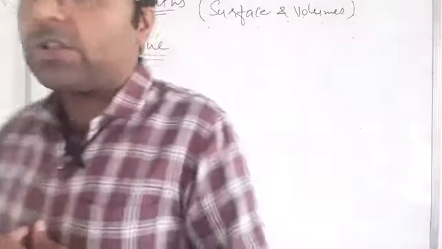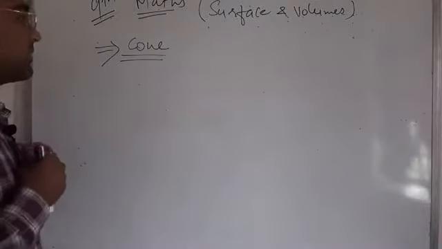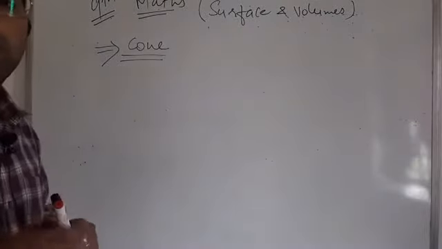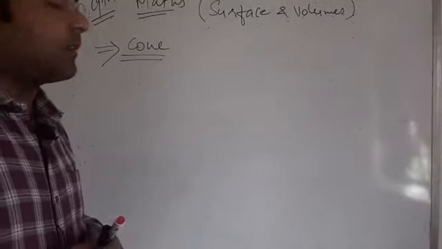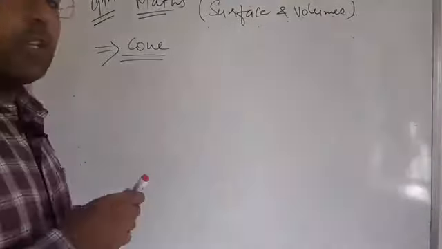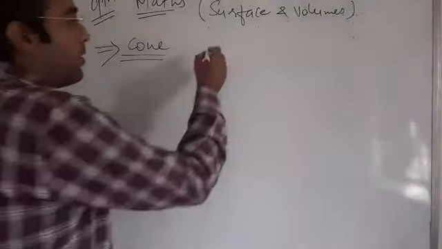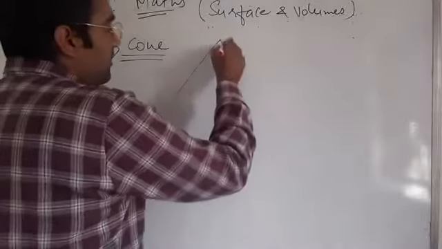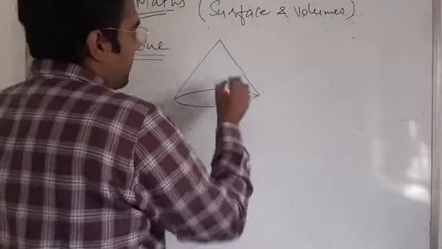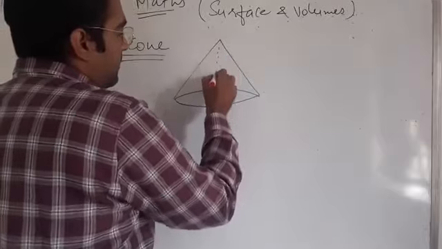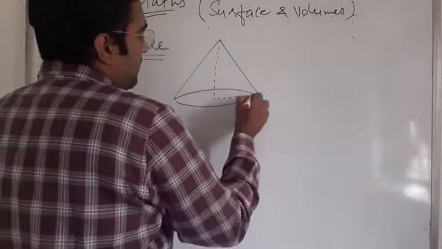Okay, so what is the shape of the cone? First we have to see what the shape of the cone is. Here we have to draw the shape of the cone. The cone is like this.